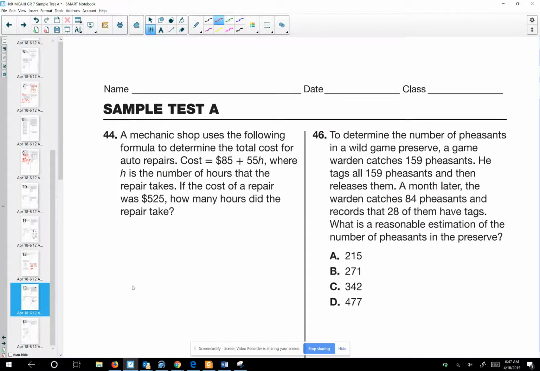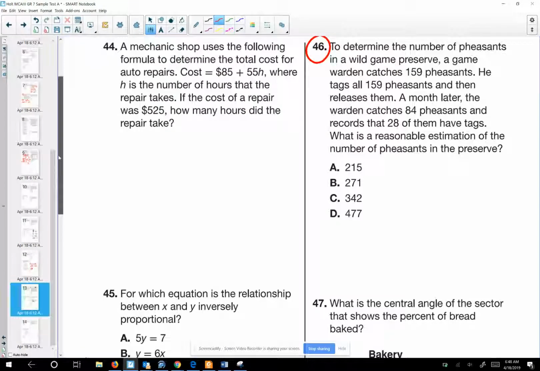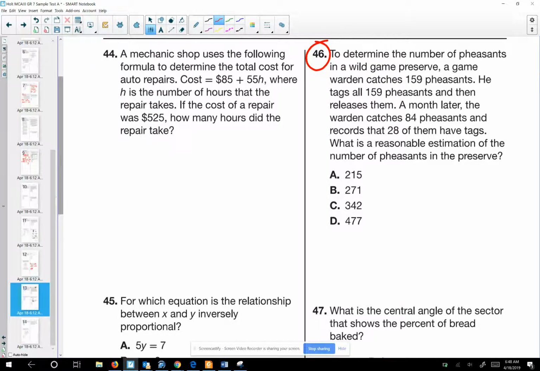On number 46, just because this one's a pretty heavy question on what to do here. It says to determine the number of pheasants. Okay, so we don't know how many total pheasants are really in this wild game preserve. So that's our unknown. But they caught 159 out of the total and they put tags on them. So we know that there are at least this many that have tags on them, and this is the total.